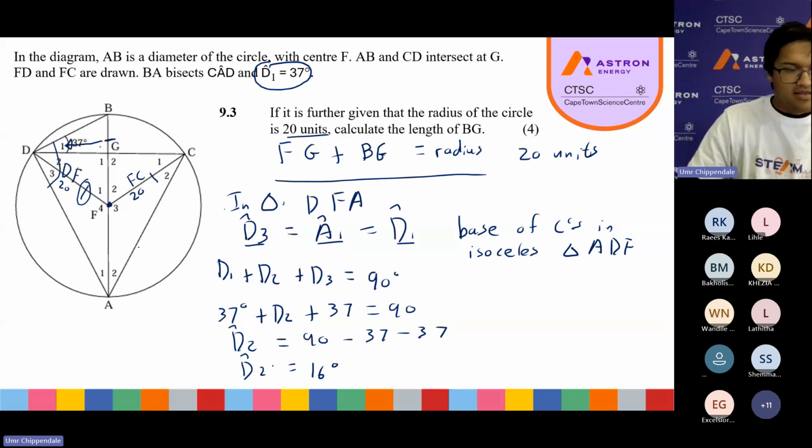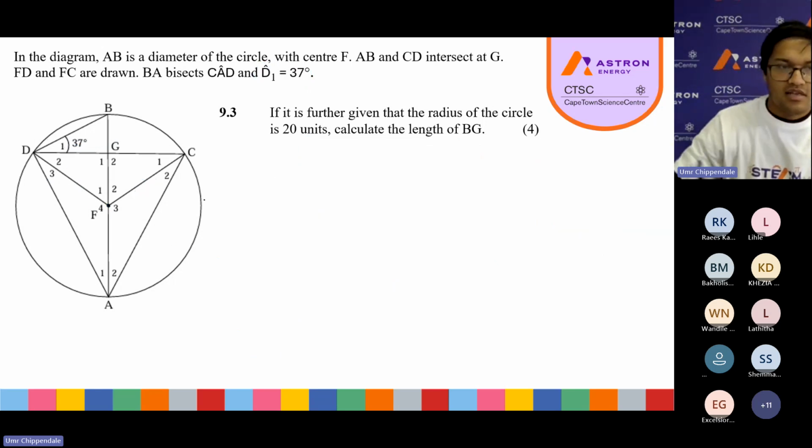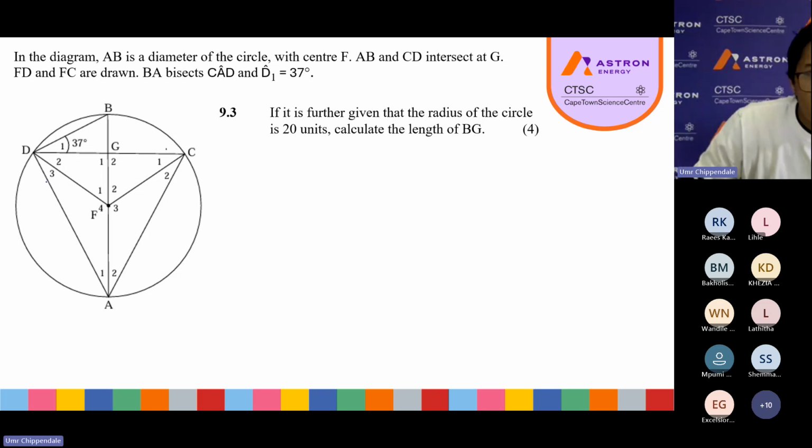That's how I make up the 90, because we have it like this. So that is angle D2, which is this middle one over here. Now I need to go to the next slide, because I need more space. So angle D2 is 16 degrees, and that's the triangle that we have.